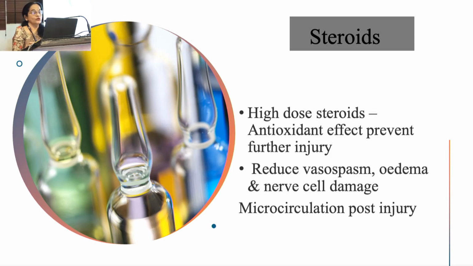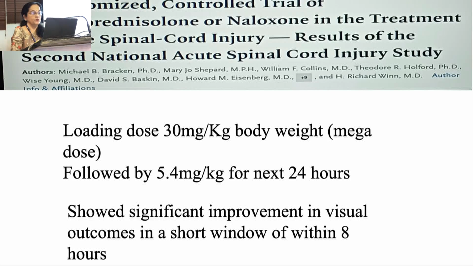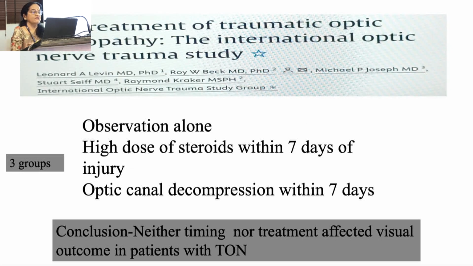So let's move on to the most common method of management we all adopt, that is the steroids. Here, steroids are thought to prevent the secondary phase of the optic nerve injury, and to be effective, they should be started as early as possible. The rationale for using steroids was first based on the results of the second national acute spinal cord injury study, and a more randomized study was the international optic nerve trauma study.